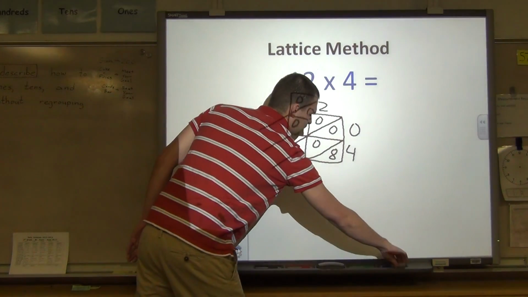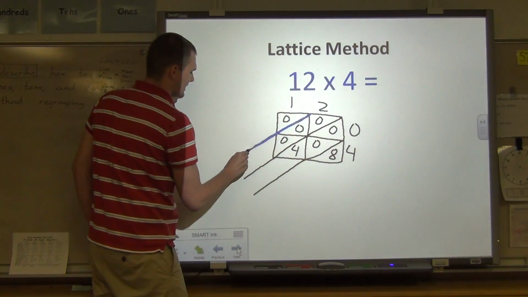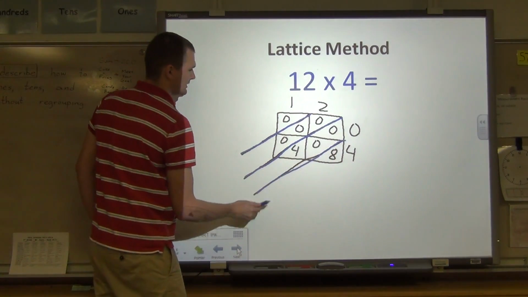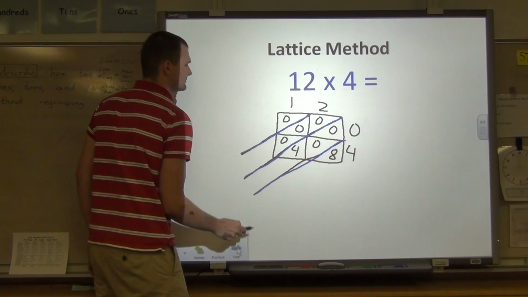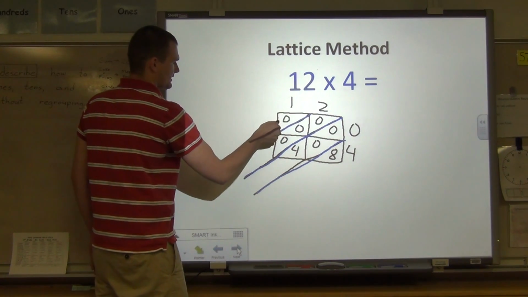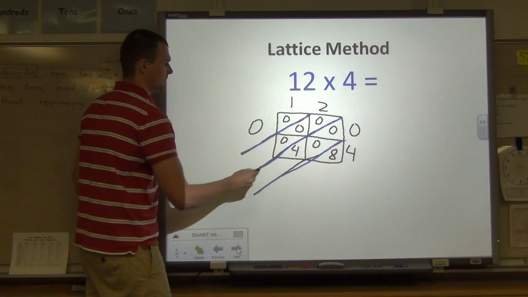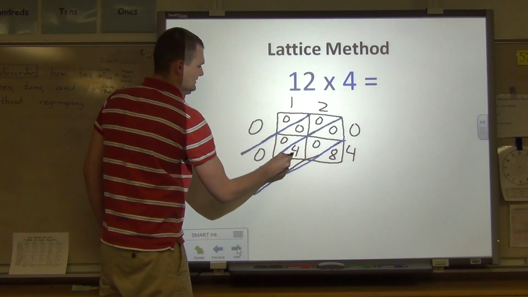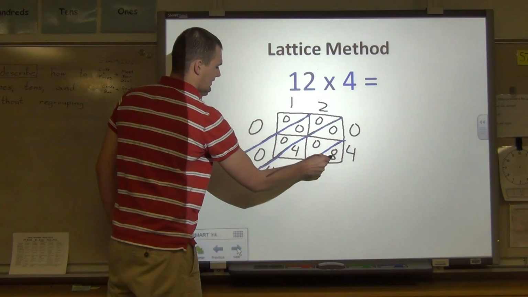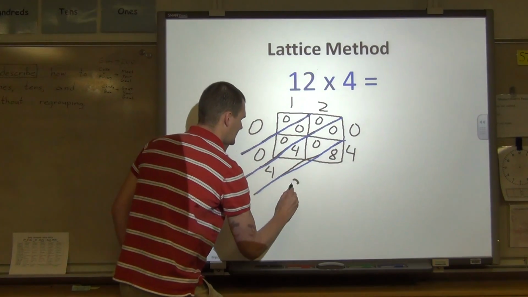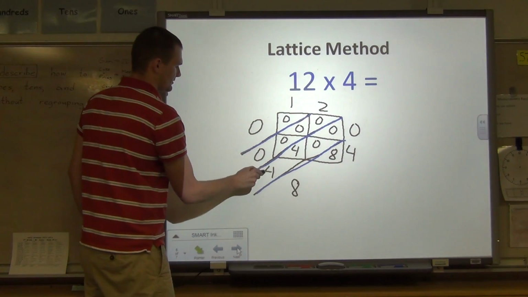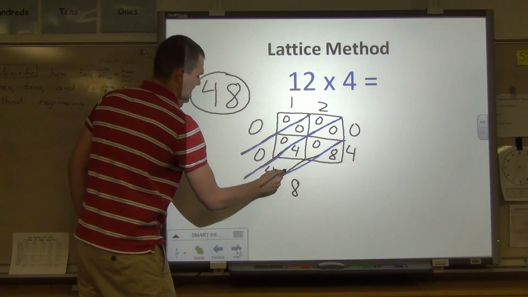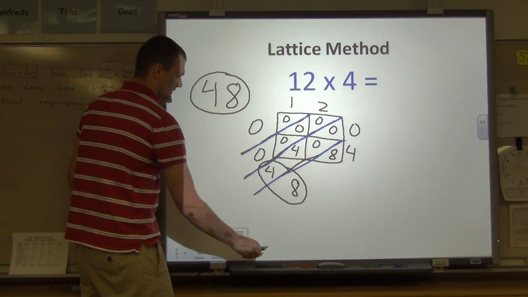And now we're going to go across these diagonals to get our product. 0 plus, there's nothing else in that box here, so you just write a 0 on the outside. 0 plus 0 plus 0 is 0. 0 plus 0 plus 4 is 4. And then 8 plus, there's nothing else there in that box, is 8. And now you're just going to read it, 0, 0, 4, 8. So our product is 48. I got that from right there. Okay, that's the lattice method.